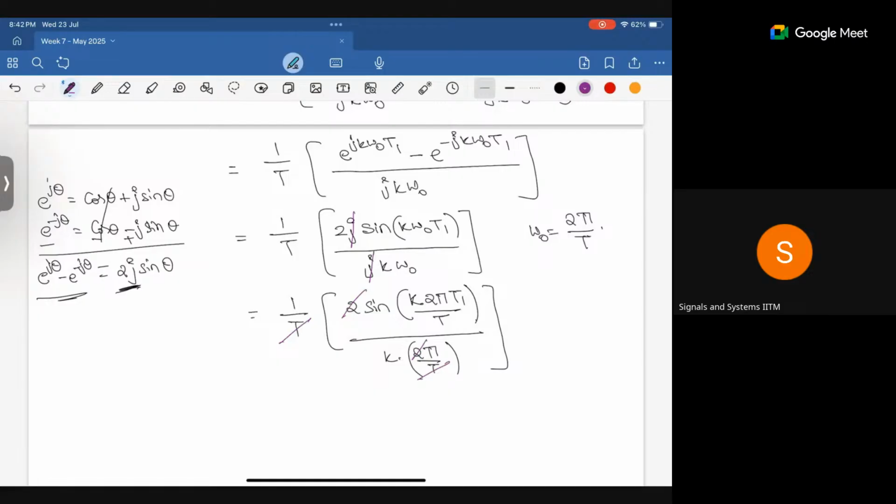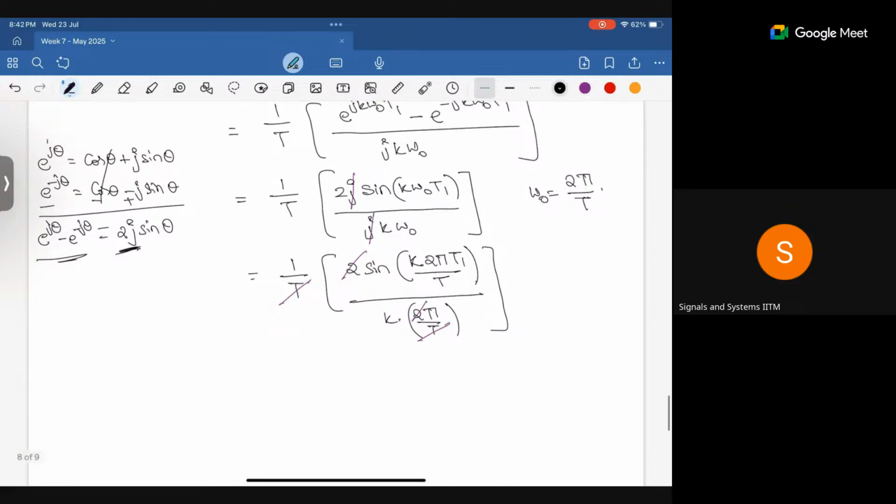Anything else? That's it, no? So we'll have the result to be this: sine k 2 pi T1 by T whole divided by k pi, for k not equal to 0.